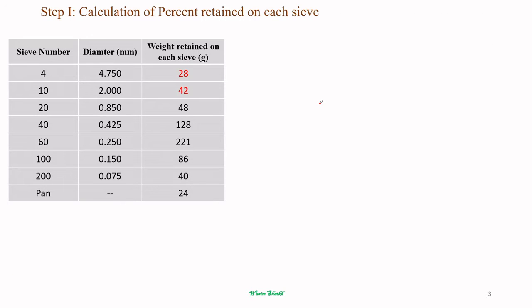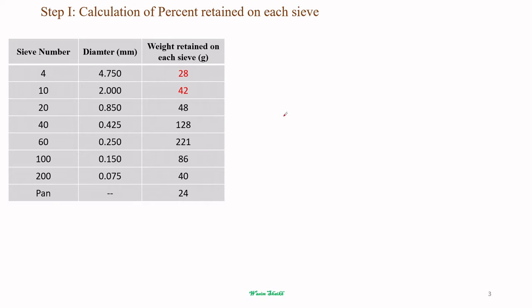Let's see. The first thing is the calculation of percentage retained on each sieve. If you look at column number 3, you will see the values are given in grams, not in percentage compared with the total amount of soil. So the first thing we'll do is calculate a new table in which we'll have another column for percentage retained.